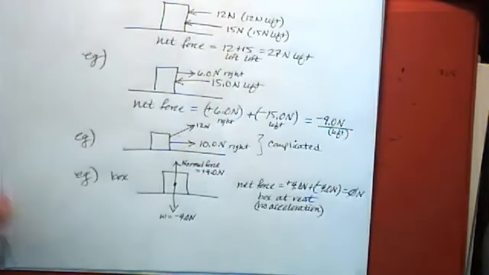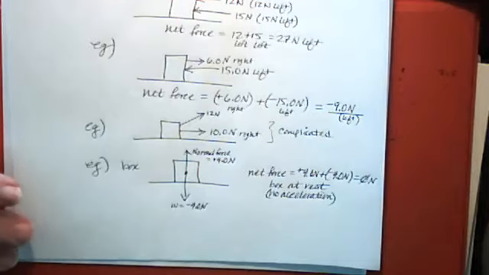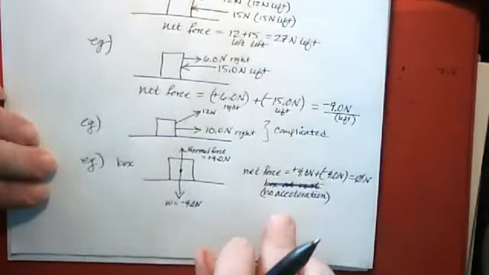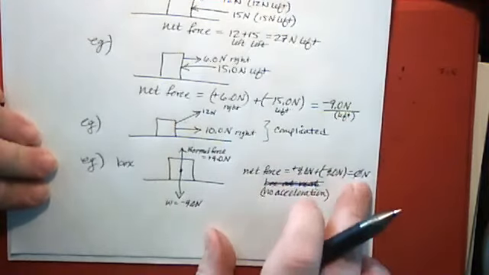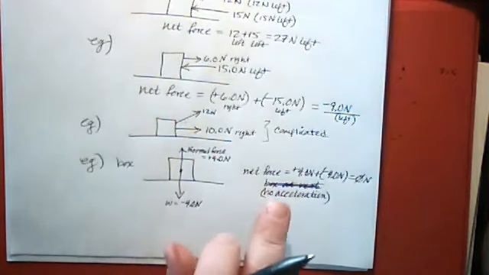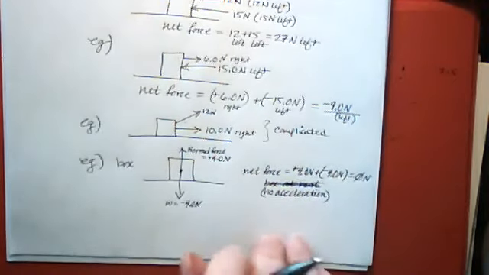Although more accurately, it would be more accurate to say there's no acceleration. In fact, I'm not even going to say that it's at rest. And no force, no net force means no acceleration. It doesn't mean no movement. Actually, the box could be moving, but it's not accelerating.